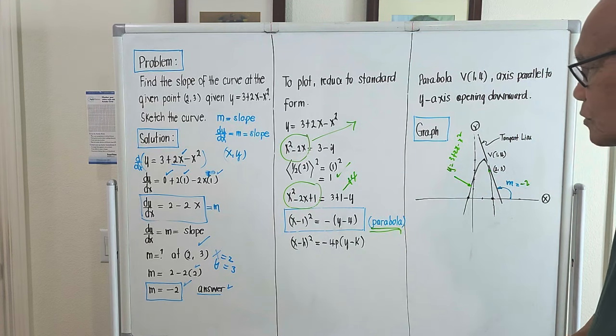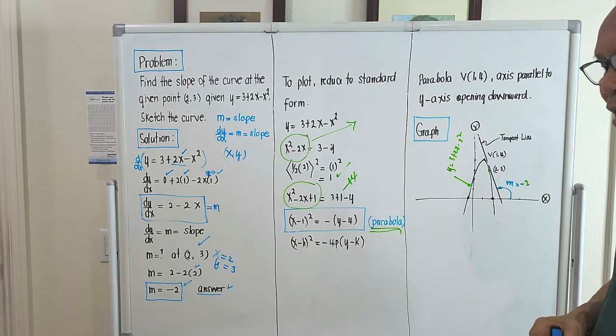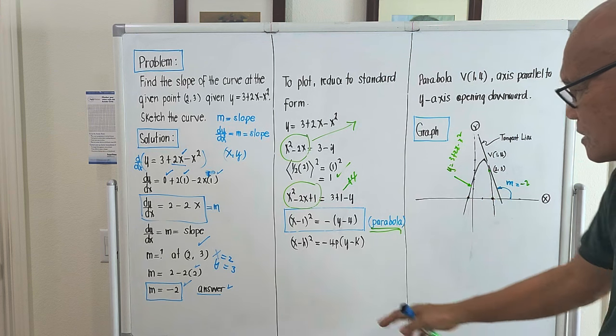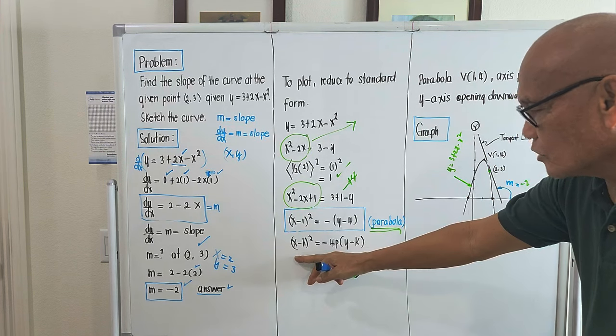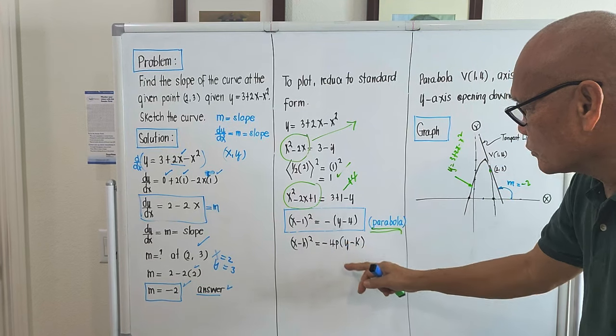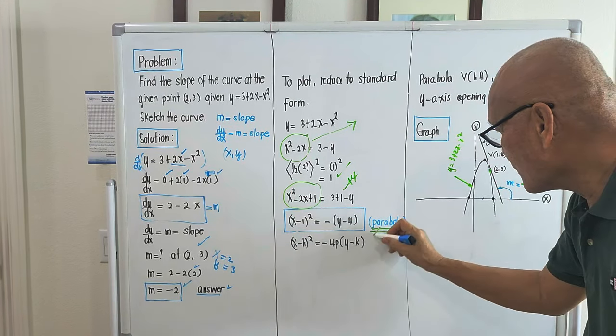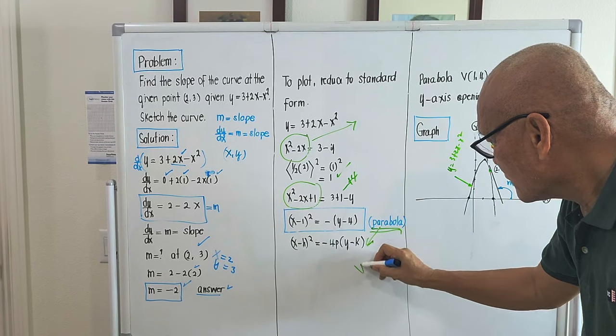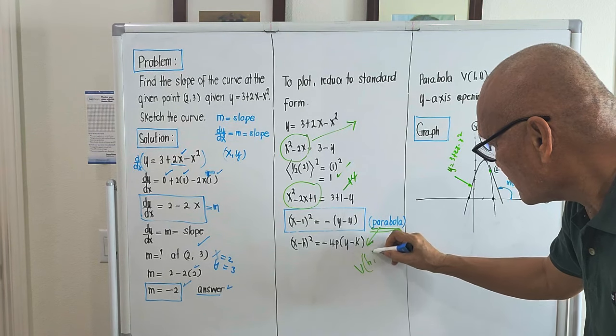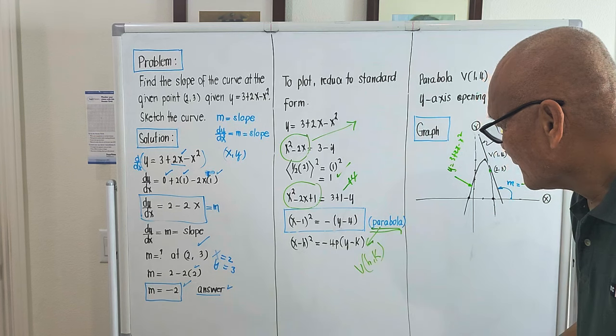This is similar to one of the standard equations of a parabola, that is x minus h quantity squared equal to negative 4p times quantity y minus k. This is actually a parabola in which the vertex is at the location h, k. Okay.